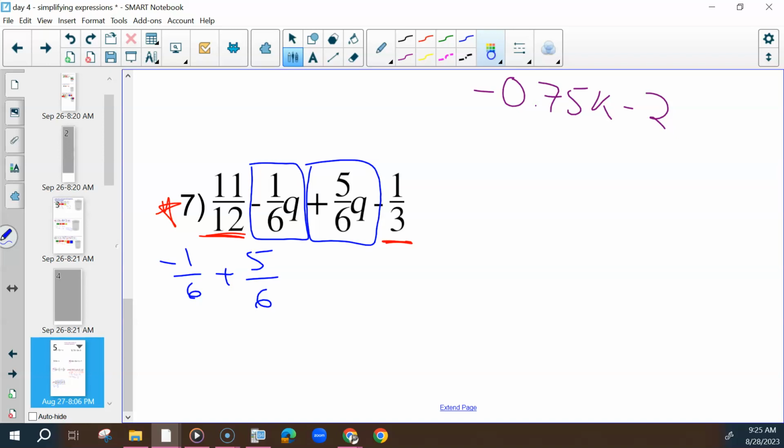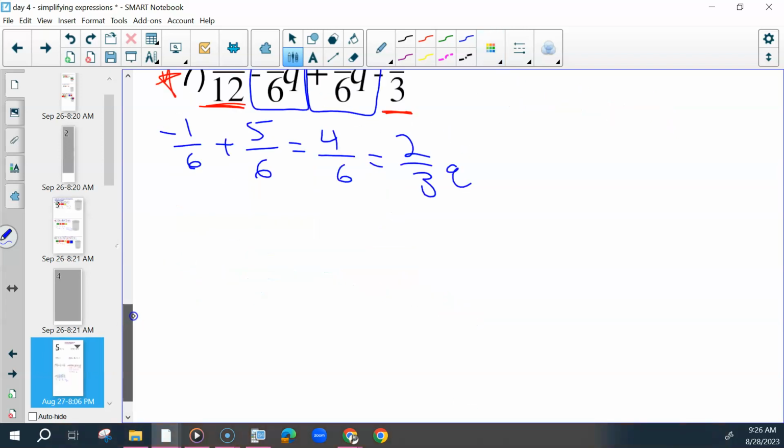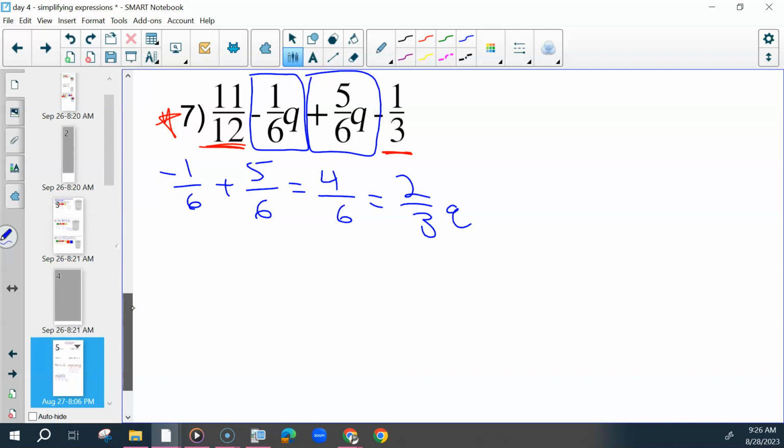In order to add or subtract fractions, they have to have the same denominator. In this case, they do. So we're just going to add the numerators and keep the denominator. What would that be? 4/6. And then anytime we can simplify or reduce it, we want to do that. These can both be divided by 2, so this will be 2/3. Then we're going to do the same thing with 11/12 minus 1/3.